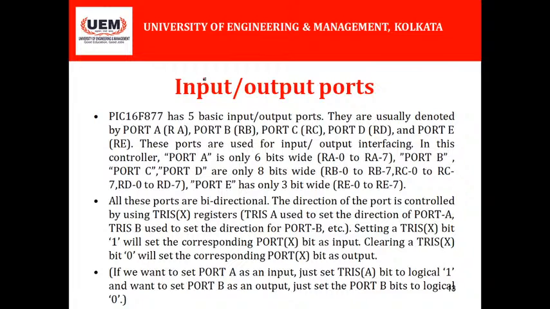X can be A, B, C, D, E. As we are setting a port, we write A in terms of X. If I place logical 1 in every bit, then TRIS A sets the port as input, and if I set 0, then it will be set as output.